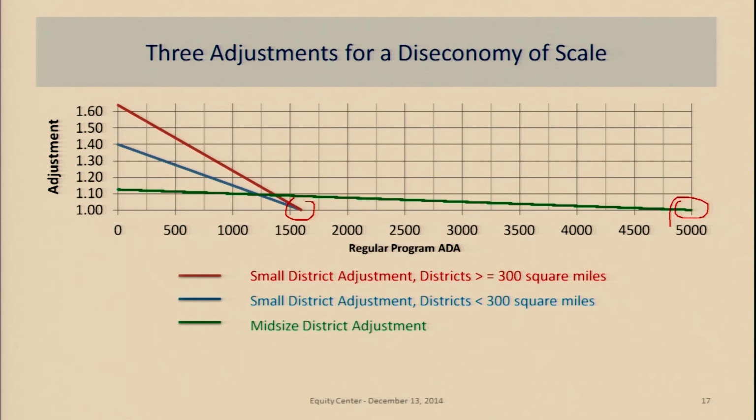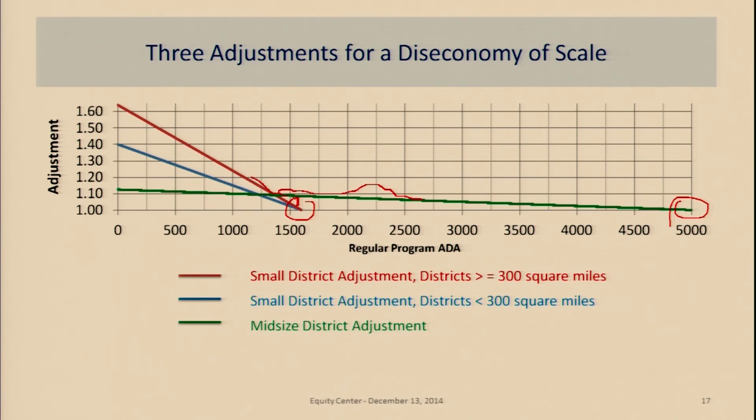And it's good that it doesn't. Otherwise, you would have a drop-off, in that districts that were larger would still get less money because the small school district is just starting off. So let's say you were actually losing regular program ADA and you're going down here, but you're greater than 300 square miles.